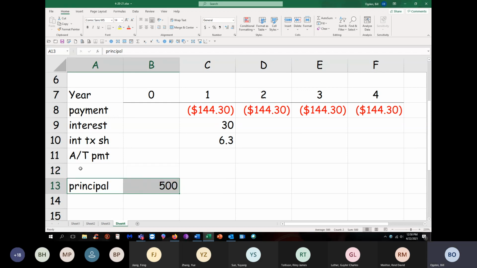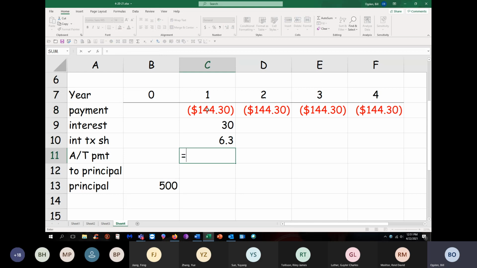Well, you can do all this in minimal cells if you want, but that's all right. So our after-tax payment is the 144.30, except that you get a tax yield of 6.3. So we'll just add those together.